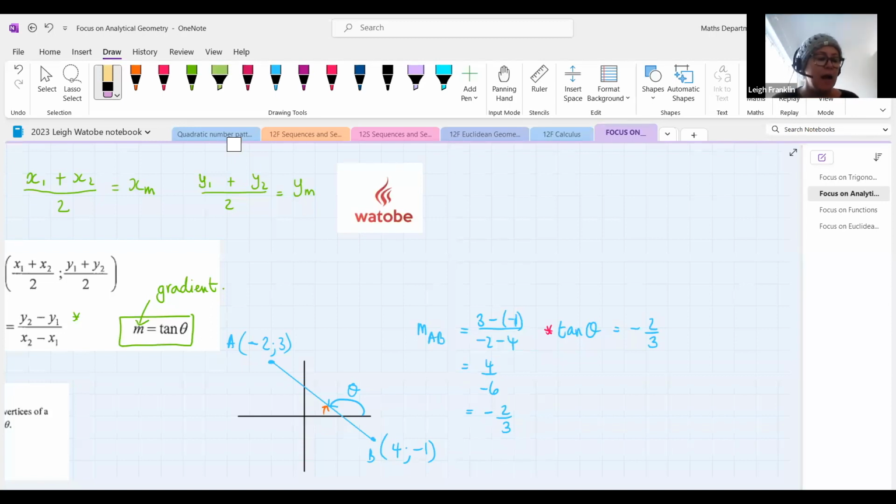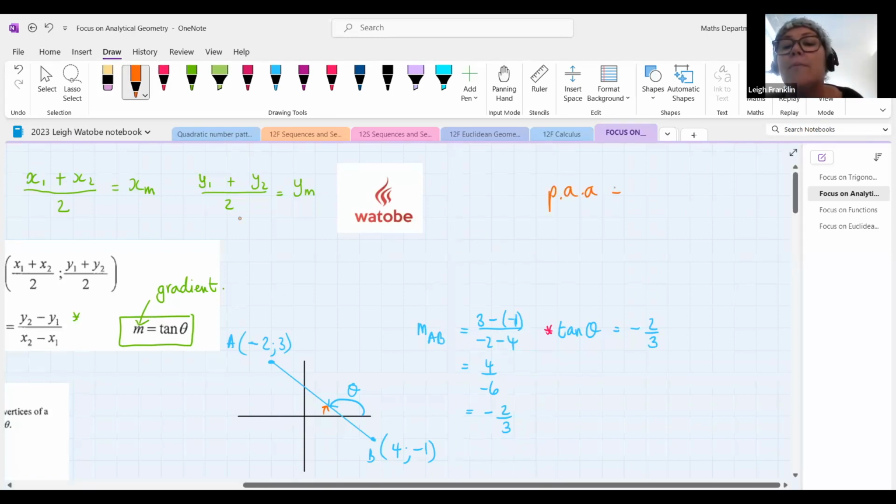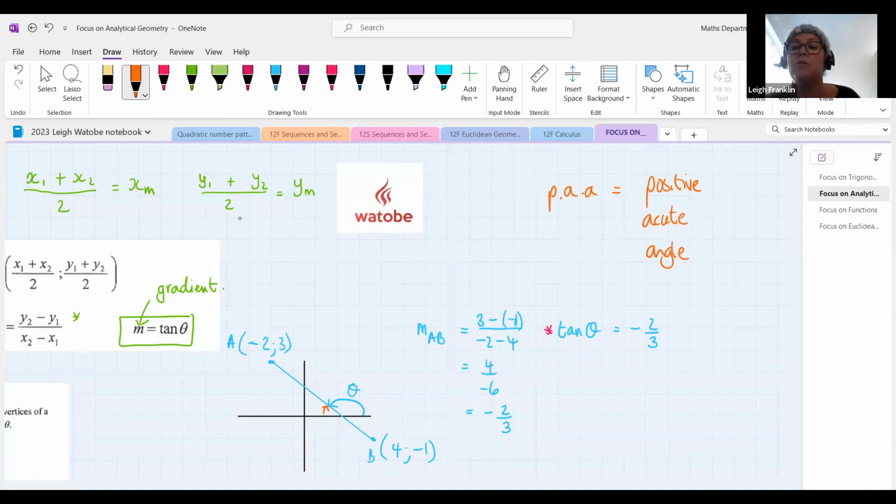I like to call it, instead of a key angle or a reference angle, a PAA. And PAA stands for a positive acute angle. Okay, so I like to use those words to remind us that first of all, it must be positive, and second of all, it's got to be acute.